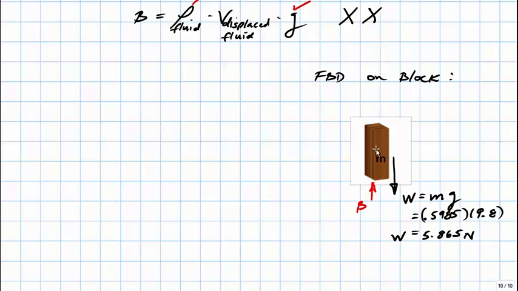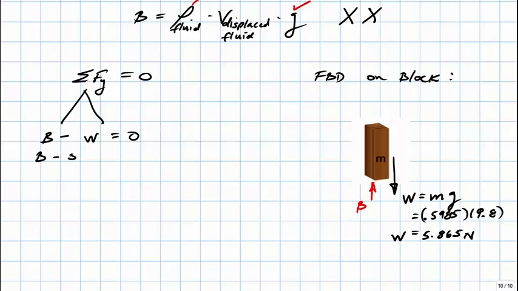And the block is in static equilibrium. So according to Newton's second law, if we add the forces in the y direction, they will equal 0. Notice that we only have two forces acting on this block, and we can introduce them into our equation as B minus W equals 0.